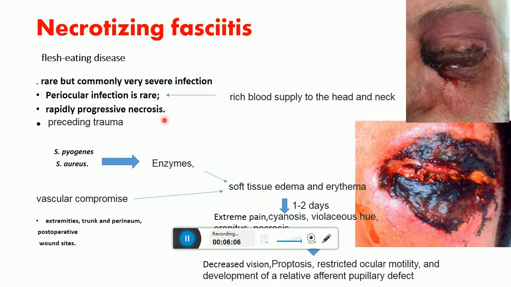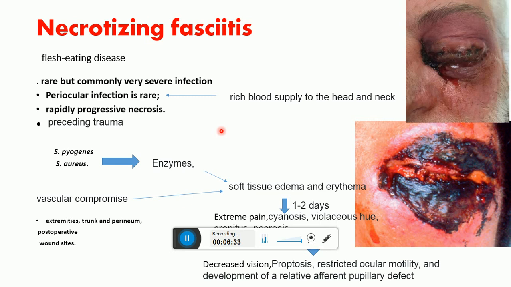Another one is necrotizing fasciitis. It is rare, but it is a very severe infection. It involves the subcutaneous soft tissue and the skin.